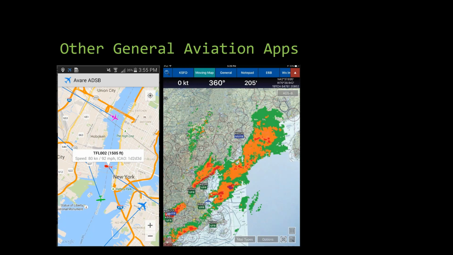So ForeFlight has actually been allowed by regulation for American Air Force pilots, National Guard pilots, and all the rest. And it's really turned out to be a huge cost savings, and really raised the situational awareness and safety margins.